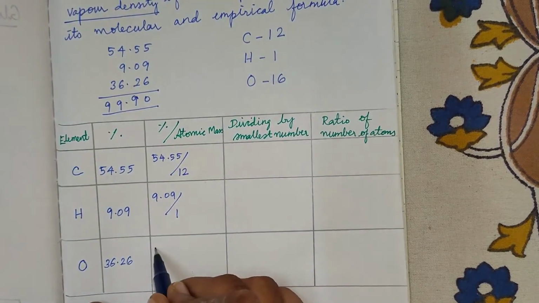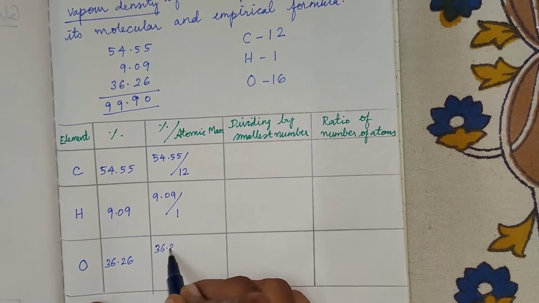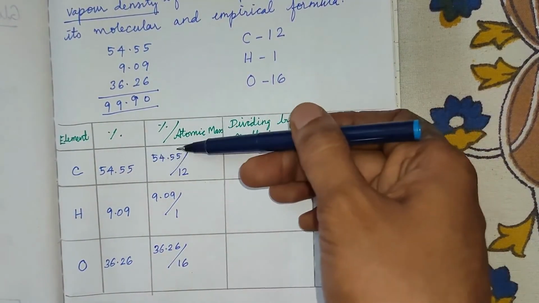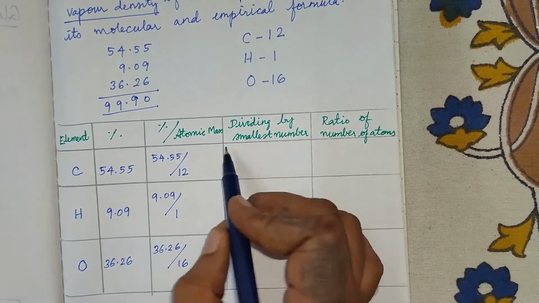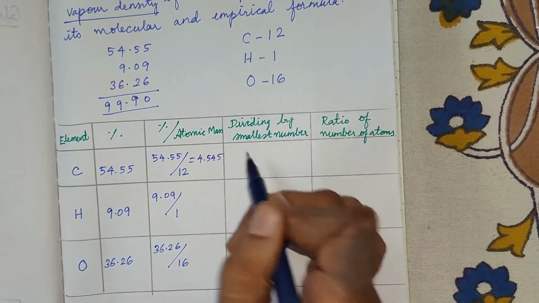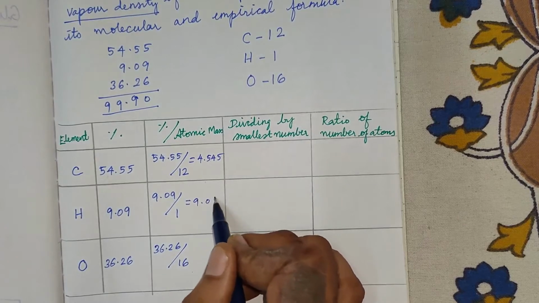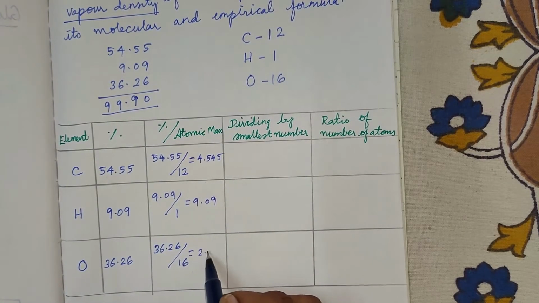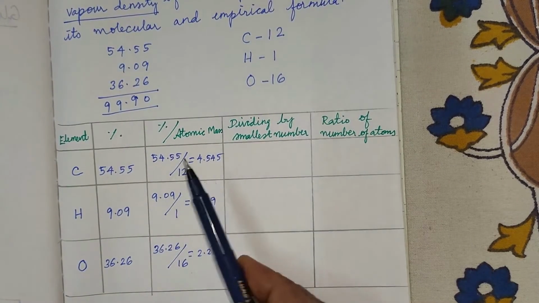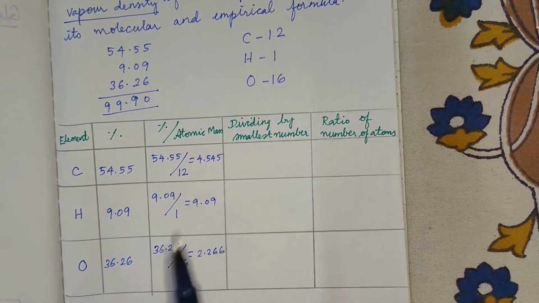For oxygen, 36.26 divided by 16. I am going to get 4.545, 9.09 and 2.266 after dividing this.